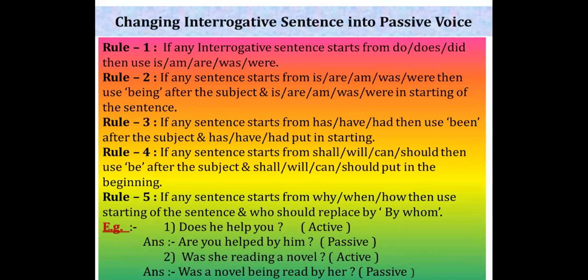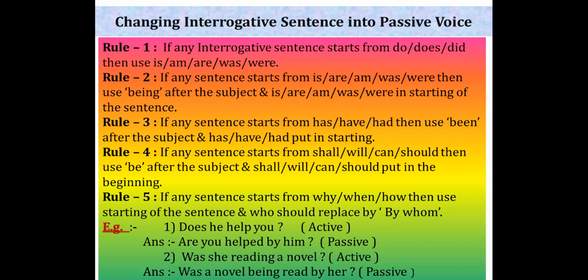First rule: if any interrogative sentence starts with do, does, did, then use am, is, are, was, were. So this is the first rule when we are changing interrogative sentences into passive voice.